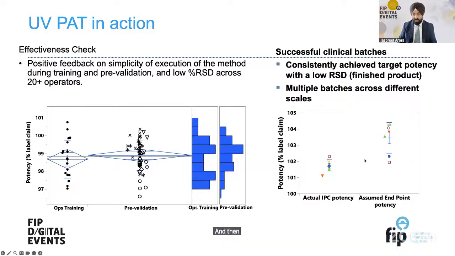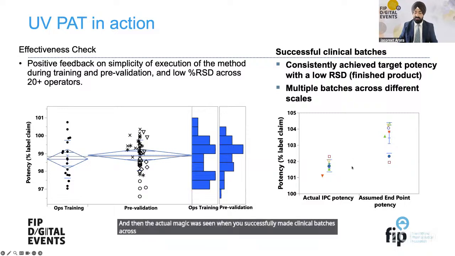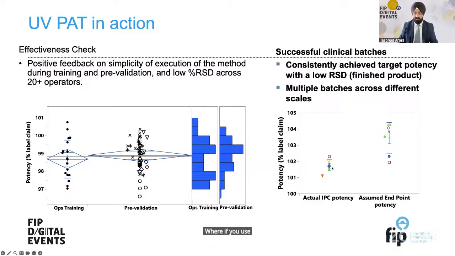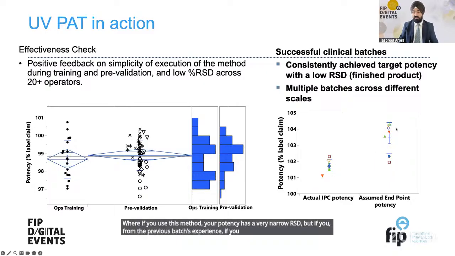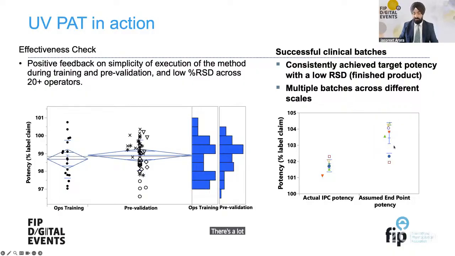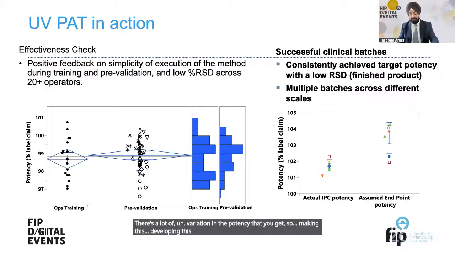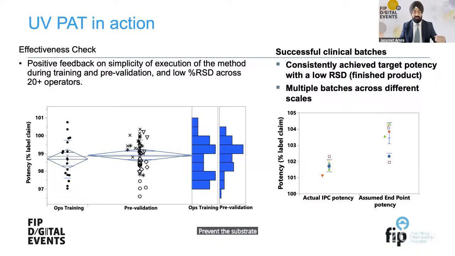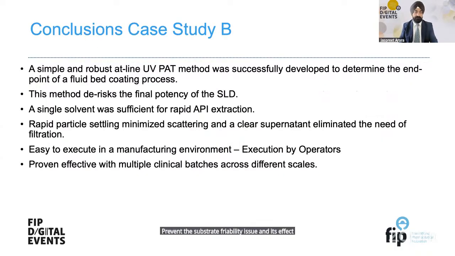And then the actual magic was seen when you successfully made clinical batches across different scales, where if you use this method, your potency has a very narrow RSD. But if you, from the previous batches experience, assumed an endpoint, there's a lot of variation in the potency that you get. So developing this PAT tool based on a risk-based approach was very critical in helping us prevent the substrate friability issue and its effect on potency.